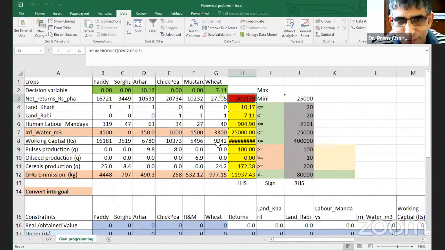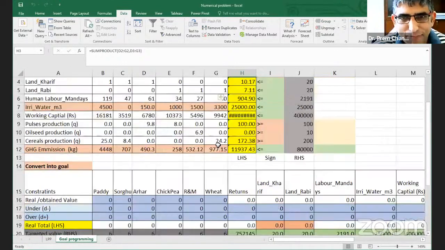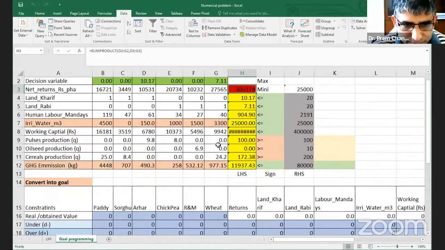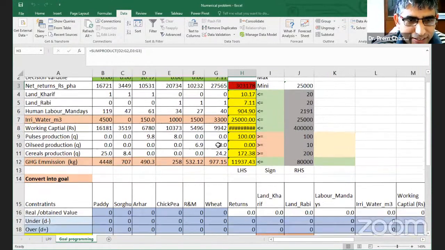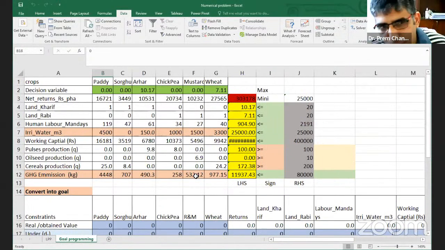So what I will do is convert it into a flexible one. I will add one negative deviation, the under deviations, and one over deviation, the overachievement row, to each of my objective function and constraint.